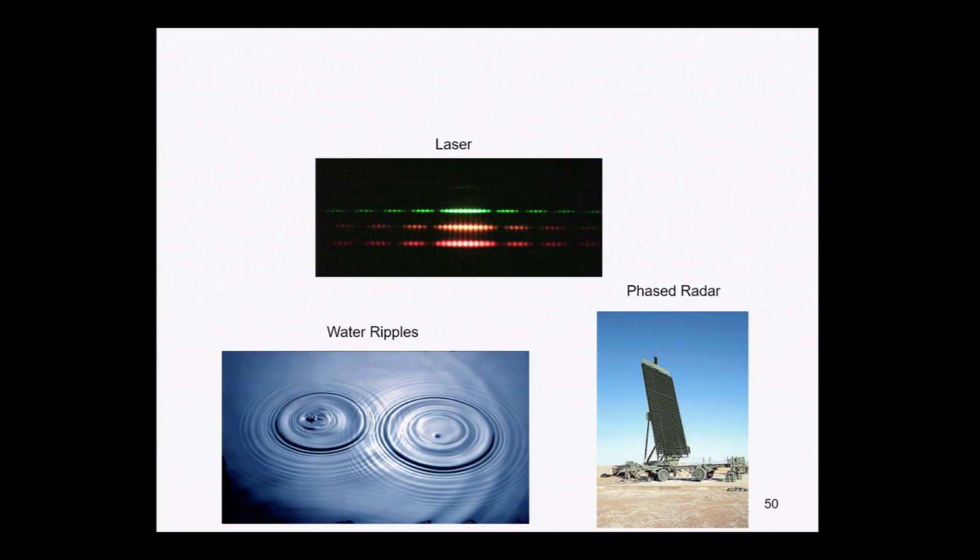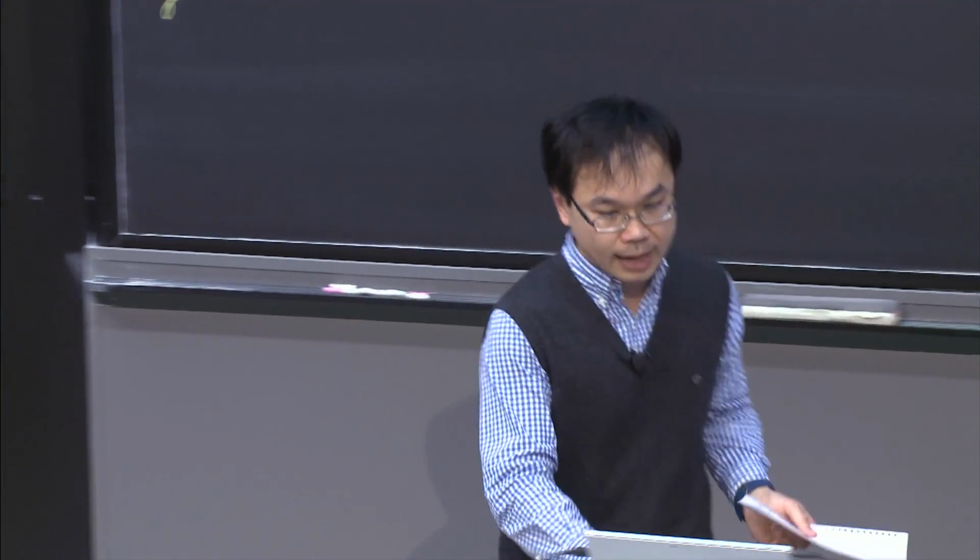And you can see that there are 3 concrete examples which we use during the class. A laser beam, we talk about water ripple in the demo, and we also studied how to make use of this phenomenon to design a phased radar.